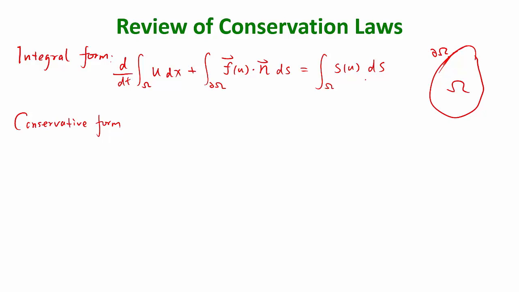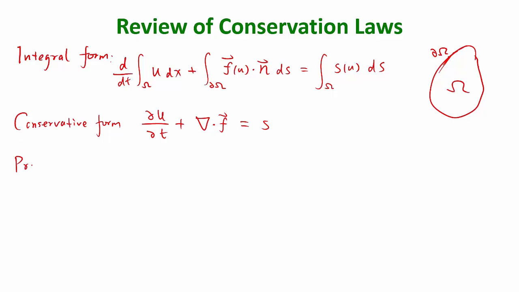And the equation has to hold for any control volume. That means the integrand has to be equal on the left and right hand side. If you write that down, this becomes partial U, partial t at any spatial point, plus the divergence of the flux at any spatial point has to equal the source term. This has to be true at any spatial point. Now we get a differential equation.